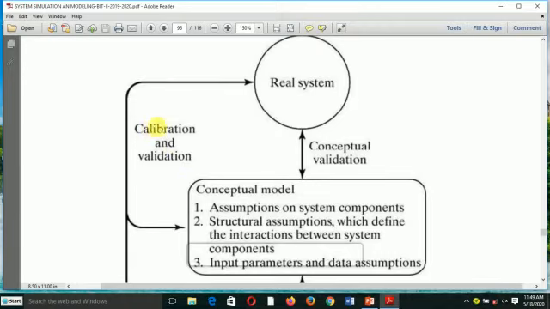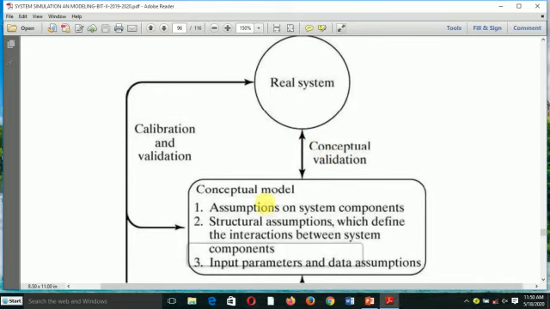After validating the system, you are also going to use conceptual validation. It means that you will observe everything and gain some insight of the system. Then you validate to see if what you have written on paper really reflects what you have in your computer.